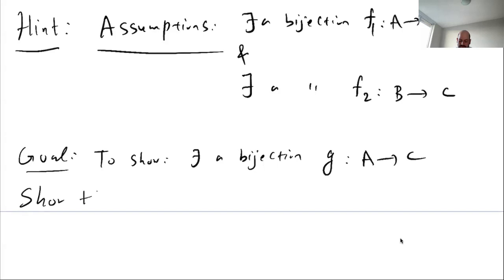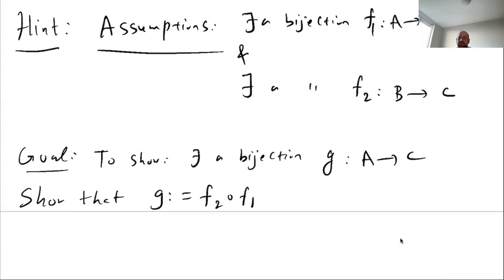If you want to go from A to C, how can you go from A to C? F1 helps you to go from A to B, and then F2 helps you to go from B to C. So we can compose them. Composition of these two functions helps us to go from A to C. So G equals, let's say, F2 composition F1, right?